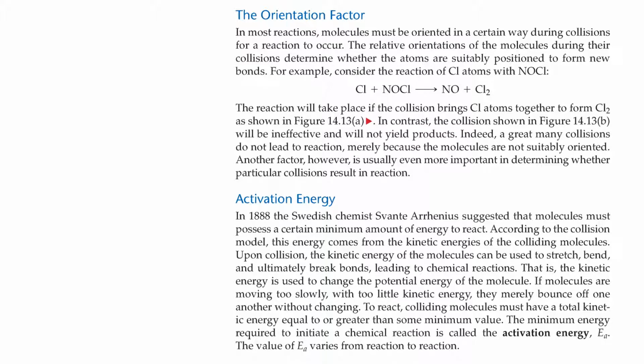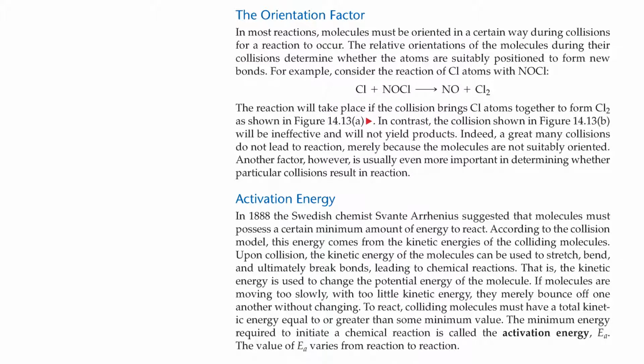The reaction will take place if the collision brings the chlorine atoms together to form chlorine gas, as shown in Figure 14.13a. In contrast, the collision shown in 14.13b will be unaffected and will not yield products. Indeed, a great many collisions do not lead to reaction merely because the molecules are not suitably oriented. Another factor, however, is usually more important in determining whether particular collisions result in a reaction.